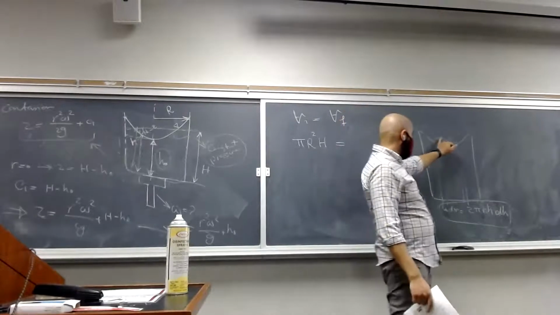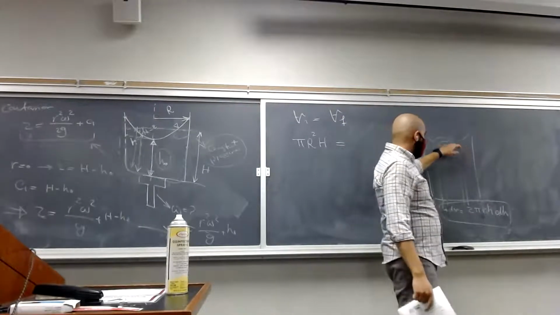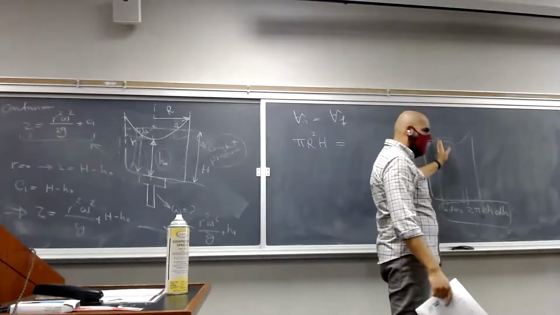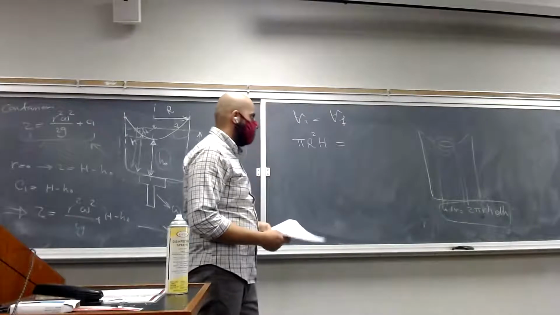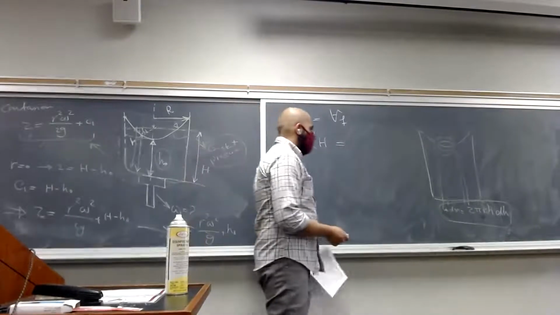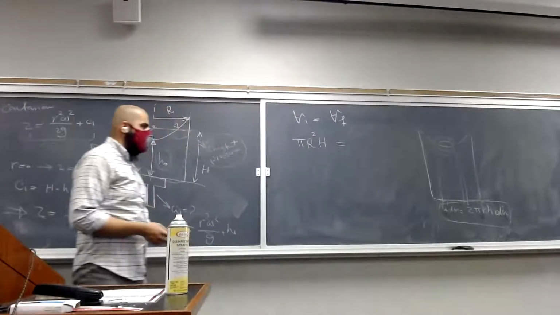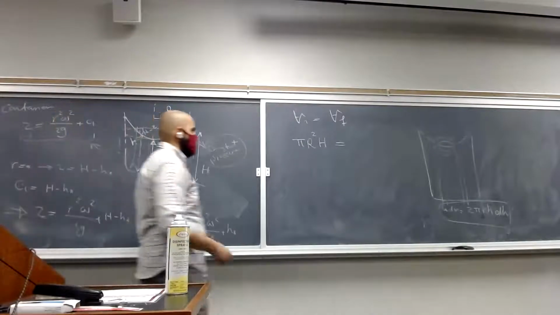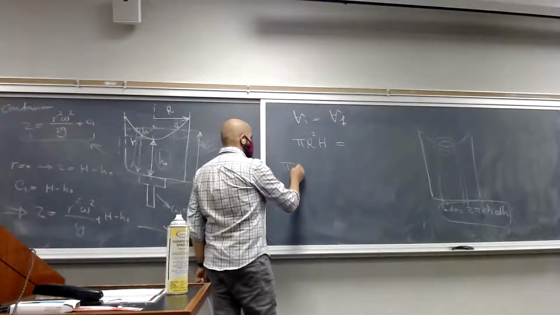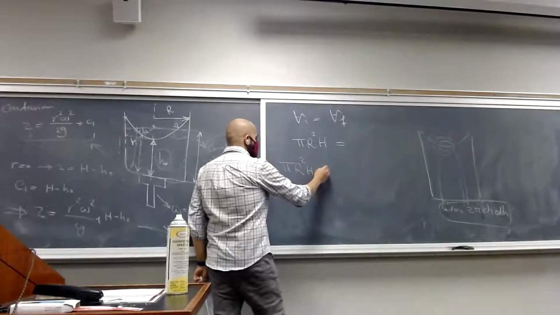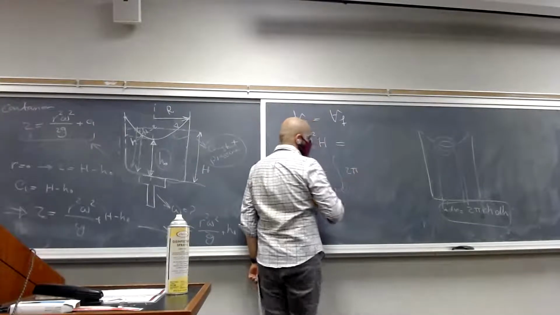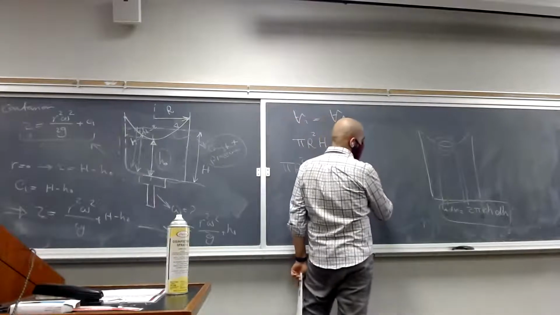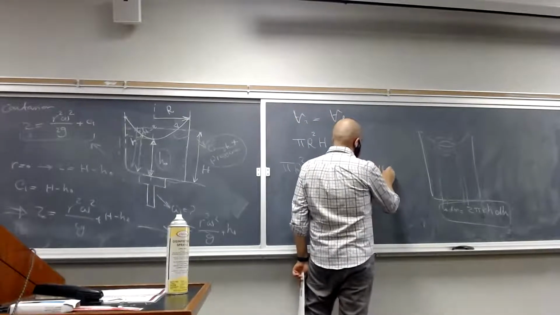That's the volume of this very small element, right? So you have to calculate this surface area multiplied by this length. It will give you that volume. Okay, so 2 pi R H dH. So your total volume is going to be equal to the integral of this small elemental volume, which is 2 pi R H dH.